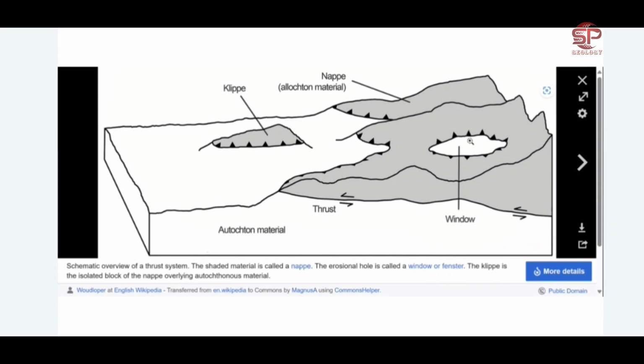If there is a hole within the thrust sheet which exposes the lower part of the rock, it is called a window.